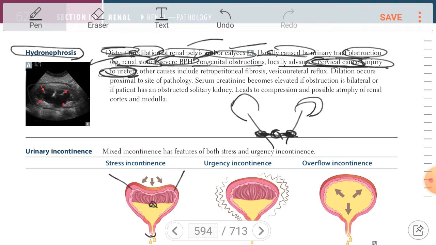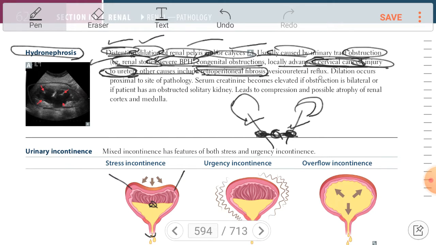Leading to fibrosis and stenosis of this ureter, leading to obstruction and dilatation, distension of the renal pelvis and calyces. Other causes include what? Retroperitoneal fibrosis. Can affect the ureter, can affect left ureter or right ureter. So leading to what? Leading to hydronephrosis.